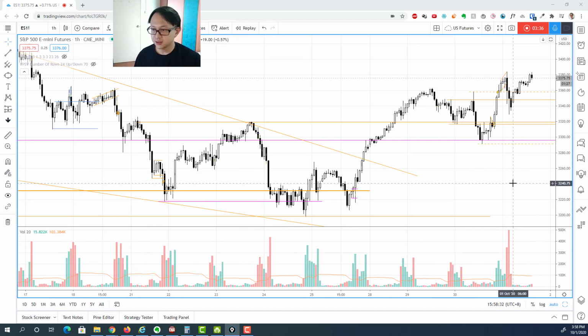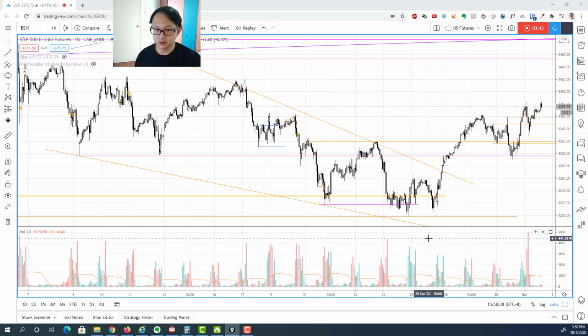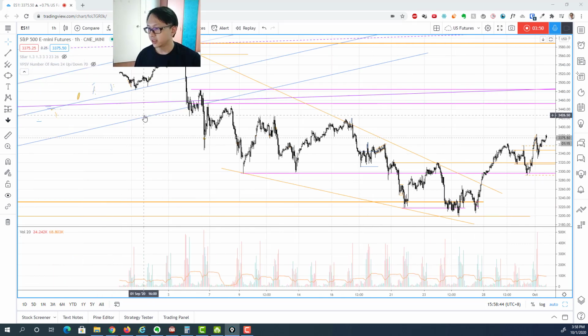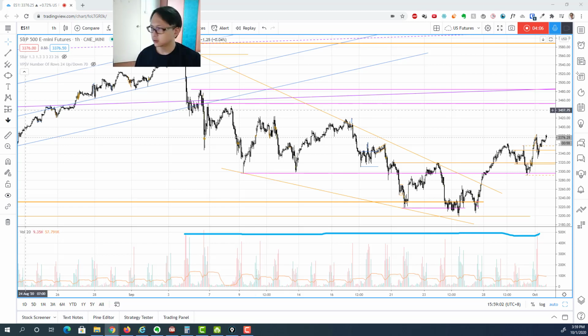You can see that the volume level is sky high. I think we have not seen this kind of volume spike for quite some time, apart from where we first had the sell-off from the top. You can see that this is the sell-off at a record high from the top. Then we only have this kind of spike of supply. So this is something that puzzled me, and I have no idea what's going on.